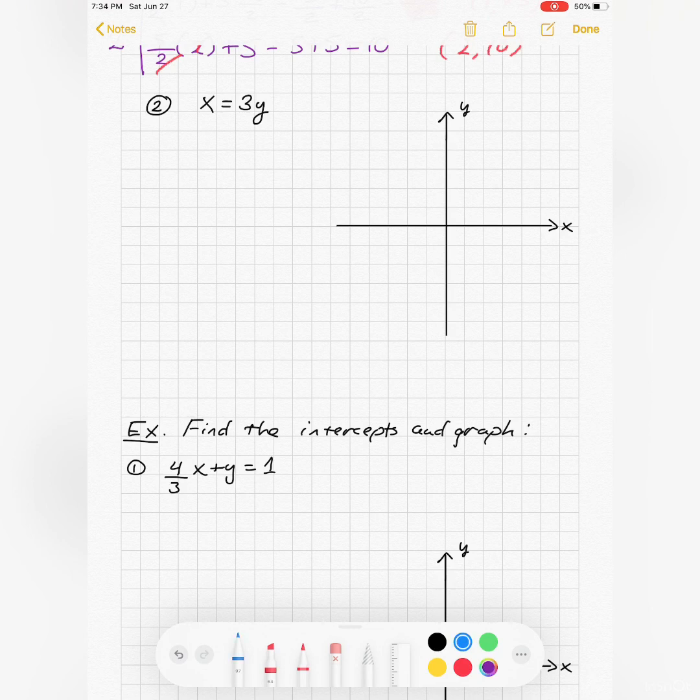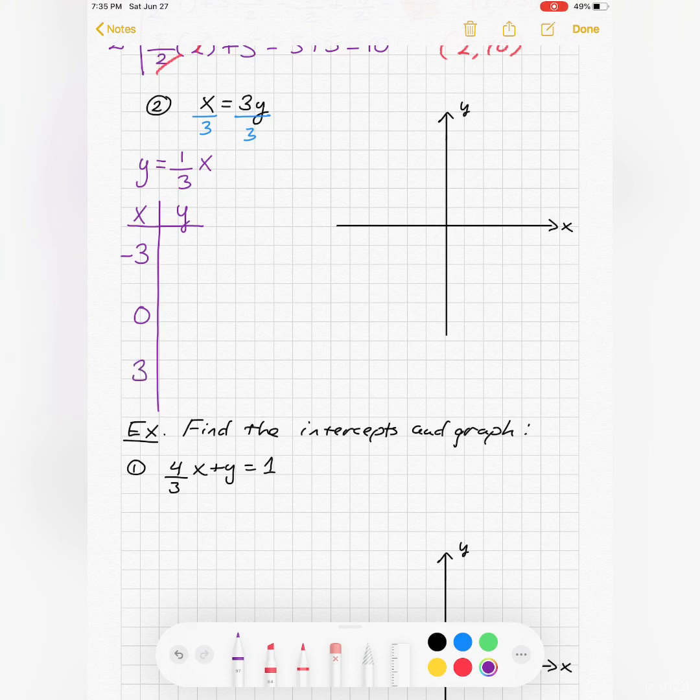Okay, let me solve for y again. x over 3, or a third x. So again, I'm making a table. Now, I kind of think, since I have that 3 in there, what if I did something like this?